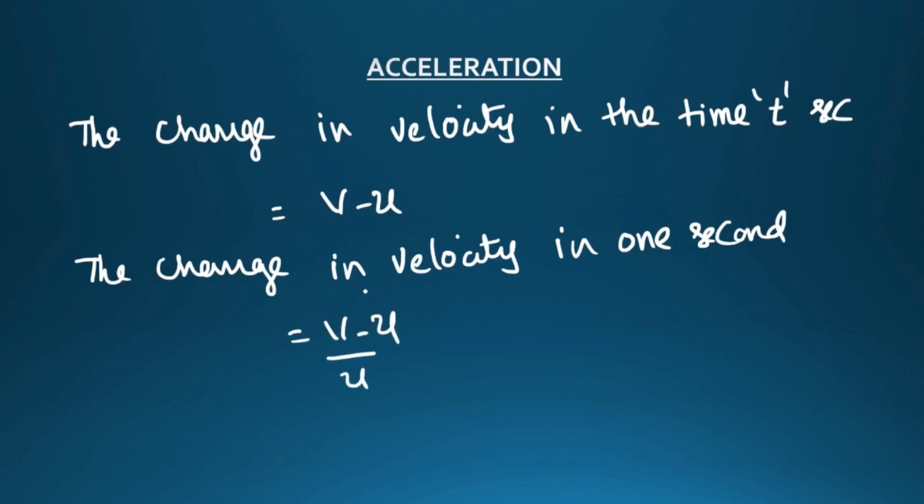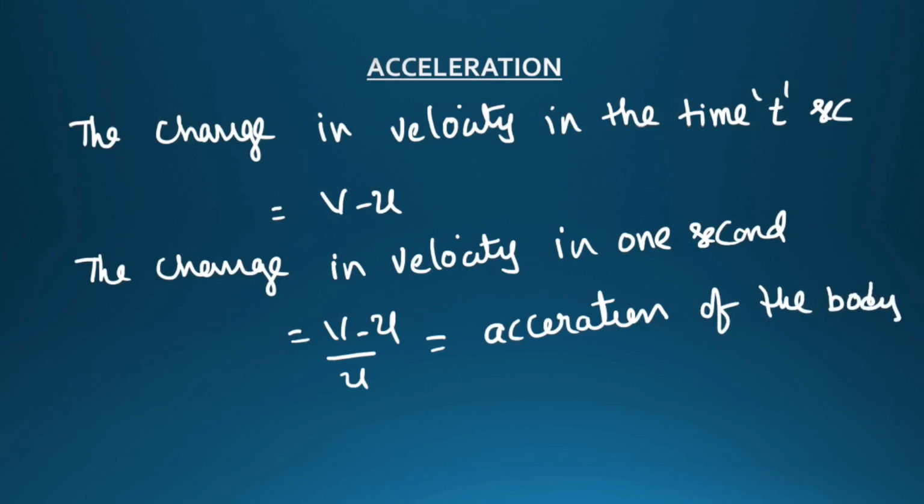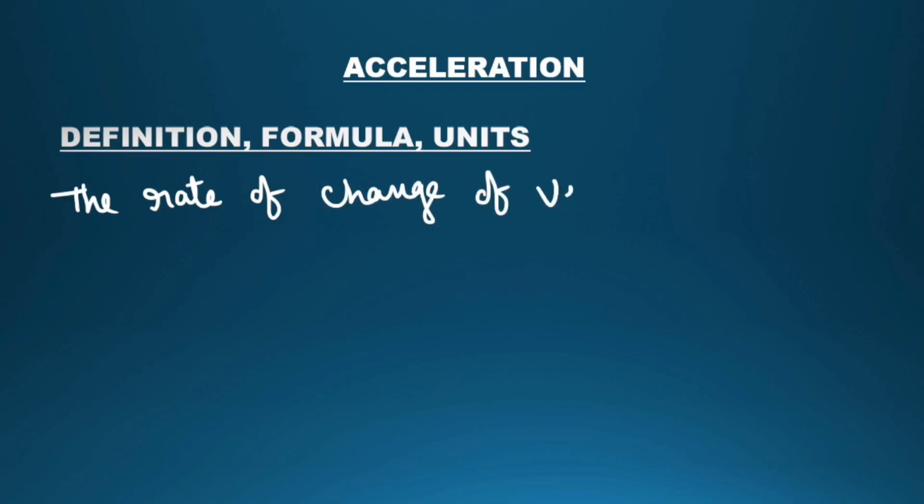Now the change in velocity in 1 second is called acceleration of the body. Right? We know that in 1 second can be termed as rate. Now the definition of the acceleration is the rate of change of velocity of a body is called acceleration.